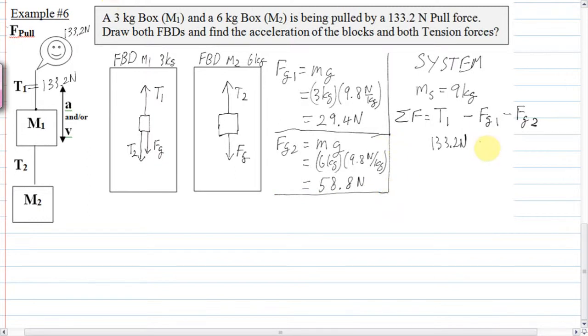So let's use those calculated values, change the color just to show that. Force of gravity is 29.4 newtons. Subtract the other one of 58.8 newtons. So the forces, when all added, are 133.2 minus 29.4 minus 58.8.